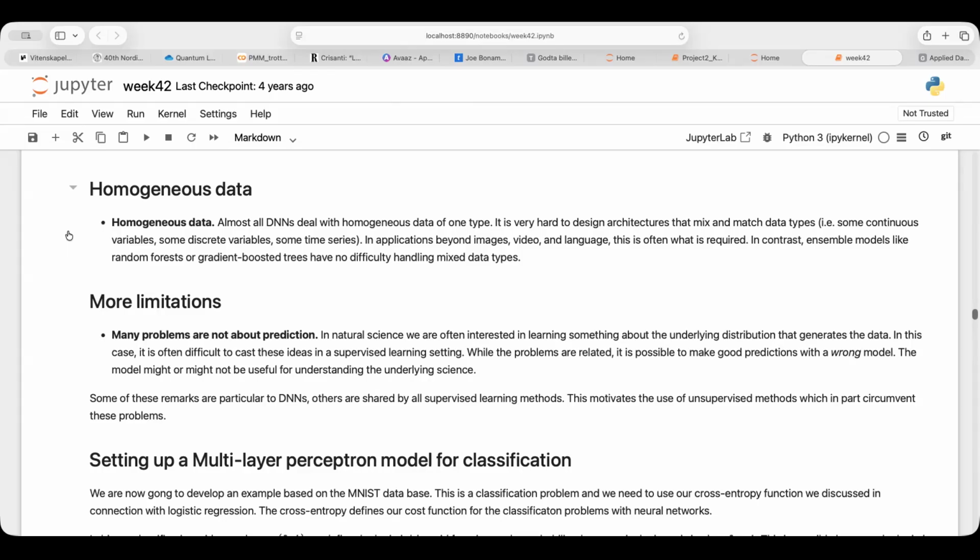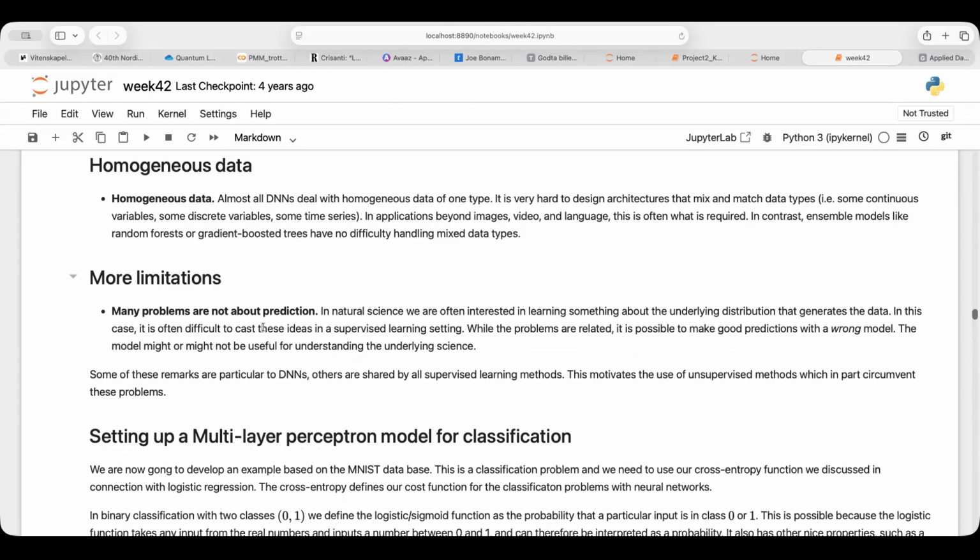So that means somebody has labeled the data for us. And this is a typical limitation of many of the problems which we deal with, because many problems in science are not about predictions. Often we're interested in learning something about the underlying distribution that generates the data.